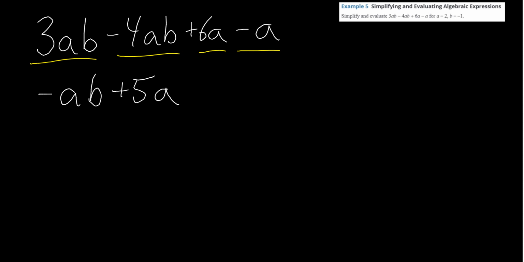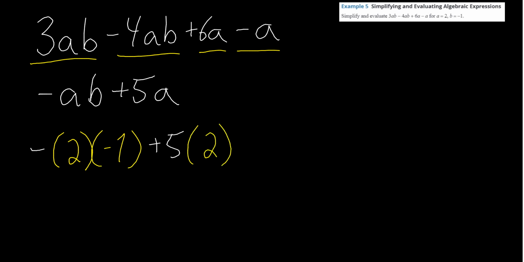All right, now let's substitute in a 2 for a and a negative 1 for b. So we'd say a negative, and we said 2 for a, and a negative 1 for b, plus 5 times 2. And of course, we're going to be doing this from left to right here, right?